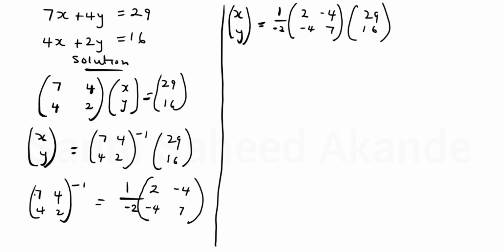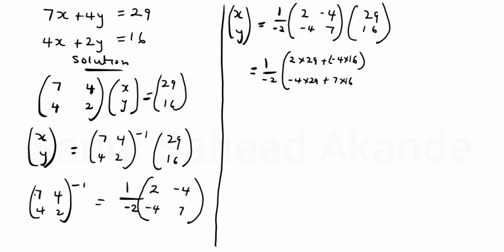So let's quickly multiply this together. So multiply these two matrices. We'll have 2 times 29, then plus -4 times 16. Then we have -4 times 29 plus 7 times 16.